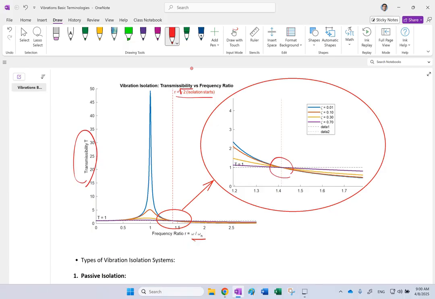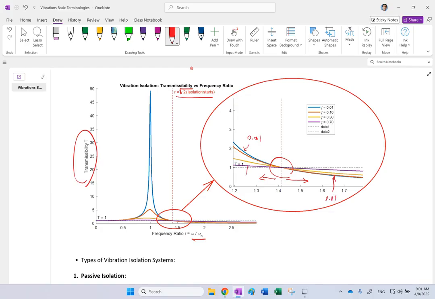The order of them on the left side of this and the order of them on the right side of this is different. For instance, the curve that was on the top of all of them on the left, the blue curve, which was basically the smallest zeta, when you go to the right side, it's underneath all of them.